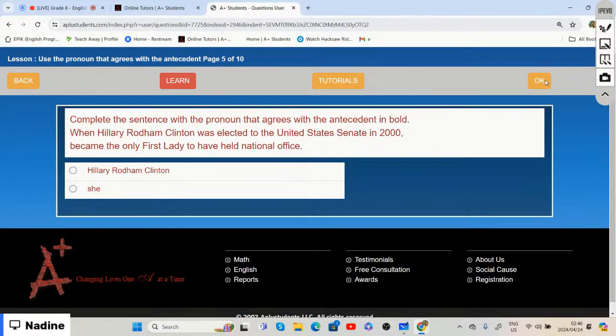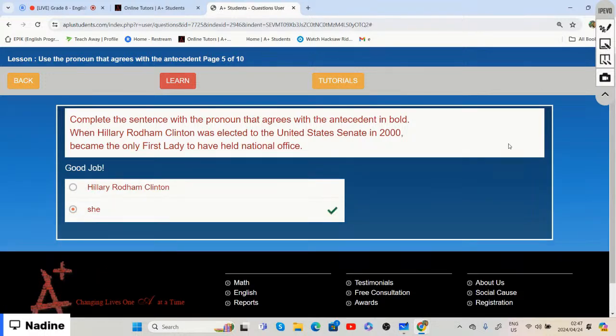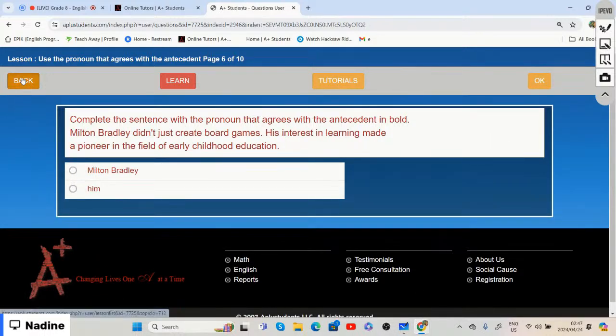Is it Hillary Rodham Clinton, her full name, or she? If we choose the correct one, we will say it is she, because that is the pronoun.